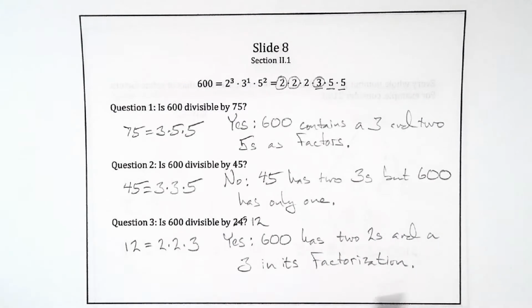So again, we're just trying to see if we can find those prime factors in the factorization of 600. And this is an idea that comes in very handy when you are working with fractions. Often a discussion about divisibility like we're having now would go before fractions in later elementary grades or middle grades.